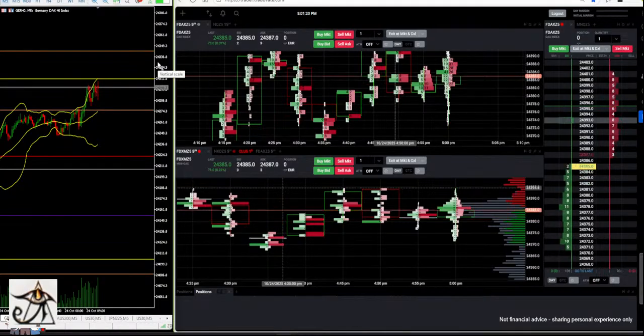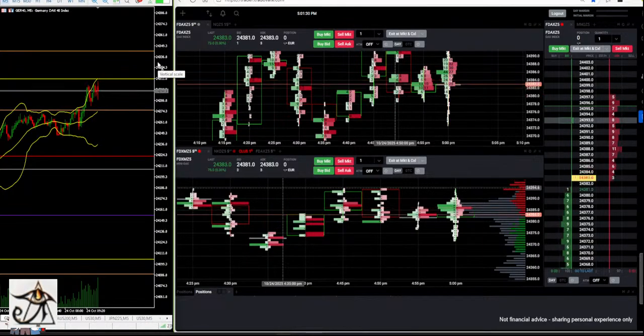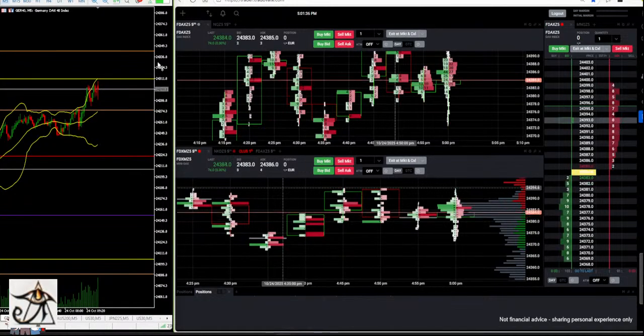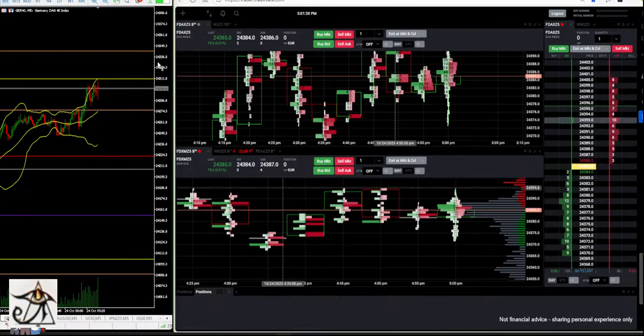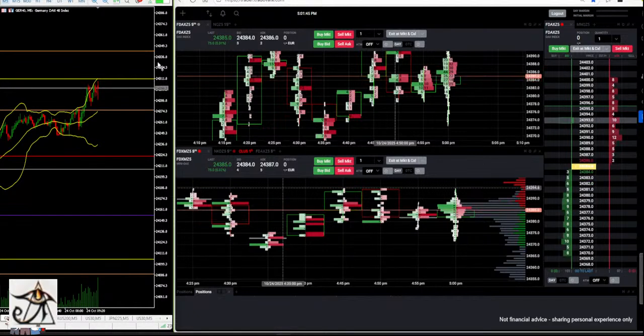But what I'm looking for is probably something a bit more meaningful in the trading session. Right now it's very little movement, very little indication as to a particular direction. I'm not getting enough evidence to say, let's go long or let's go short. So I'm basically just watching this market during this period of every year.